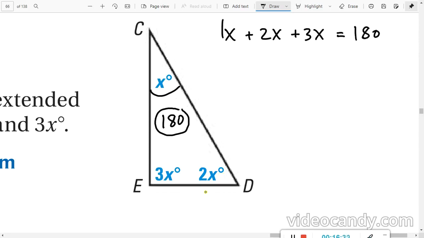Okay, x is the same as 1x. 1 plus 2 plus 3 is 6, and that equals 180. And dividing both sides by 6, x is just 30.